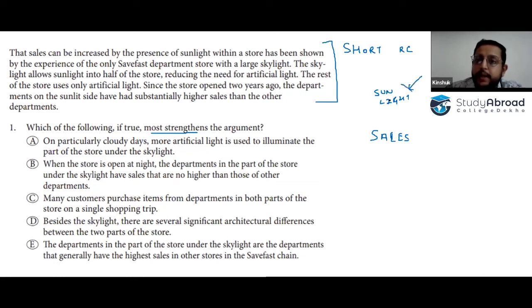So sunlight enters, and what happens? Sales increase. So now that we understand this concept, we are supposed to further strengthen it. We have to show that this is going to work: that if sunlight enters, then sales increase. If you have natural sunlight, then your sales are going to be on the higher side.